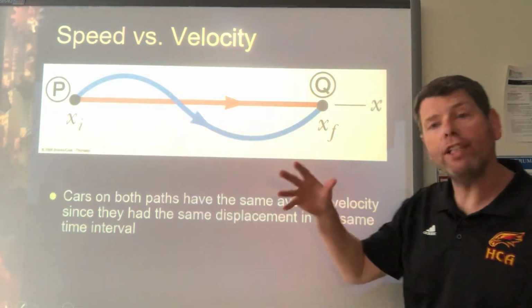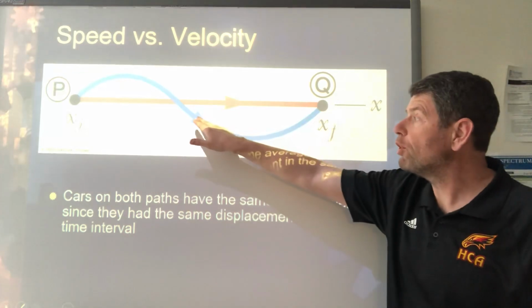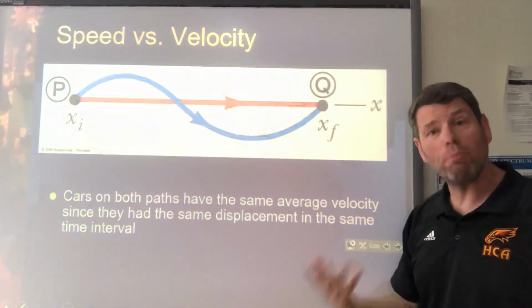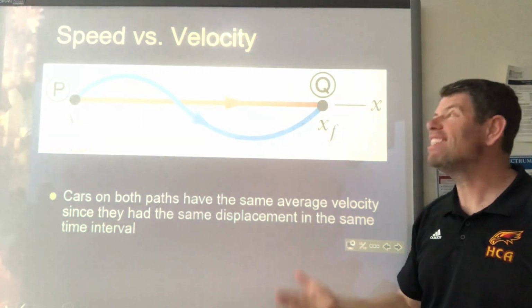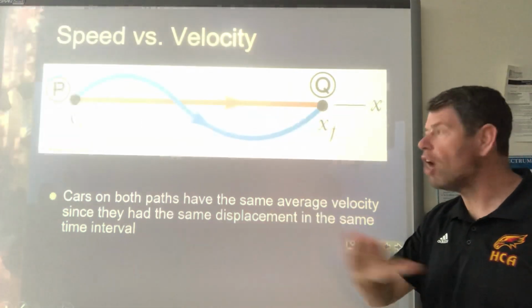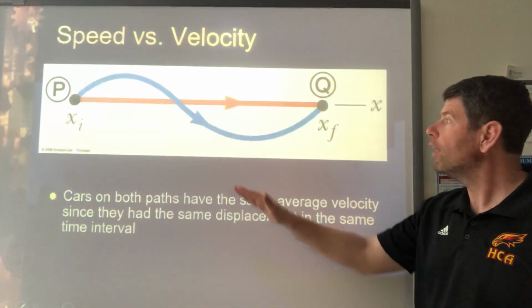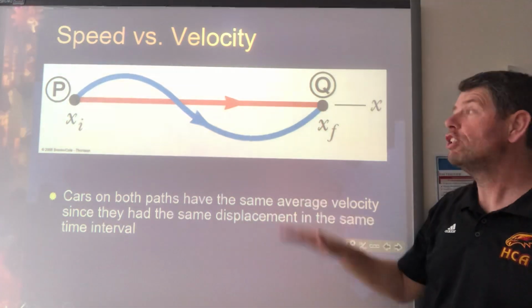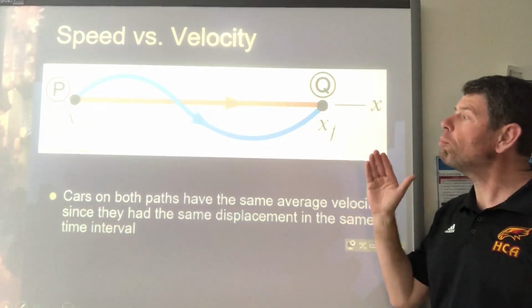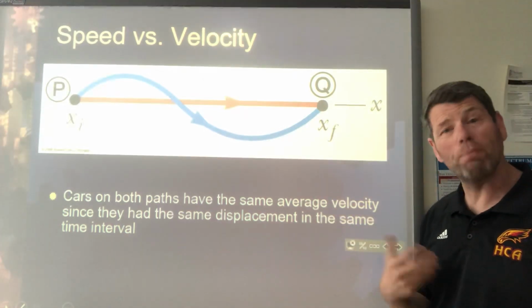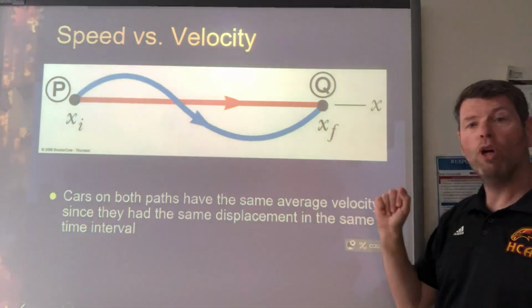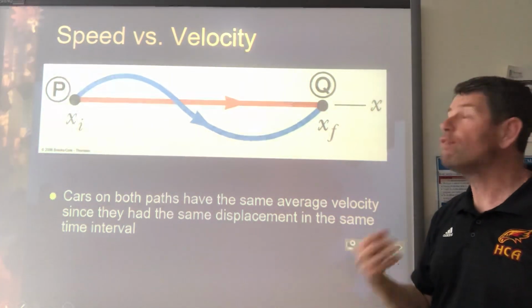And so if we wanted to use the blue to represent the motion, we would be calculating speed, because speed is the distance, and remember, distance does not rely on a straight line, it relies on your total path divided by your total time. So the blue line is representing the speed, or average speed of a vehicle, whereas the orange line would be representing a velocity.